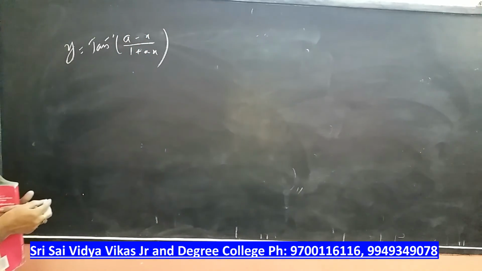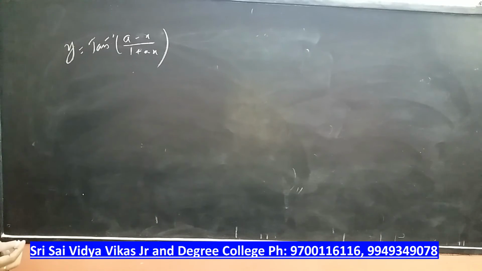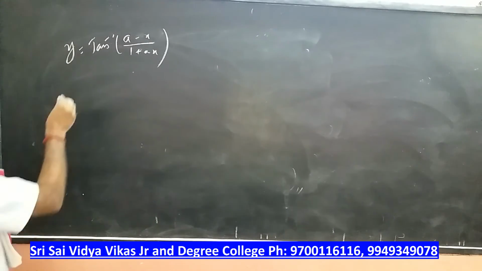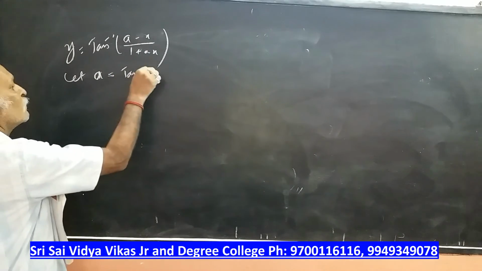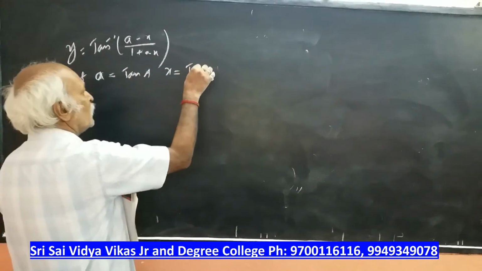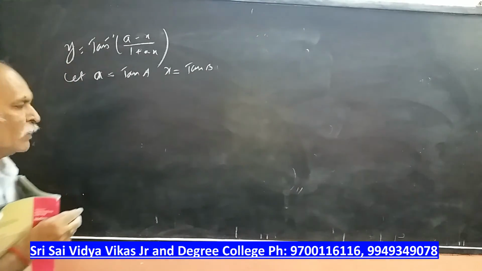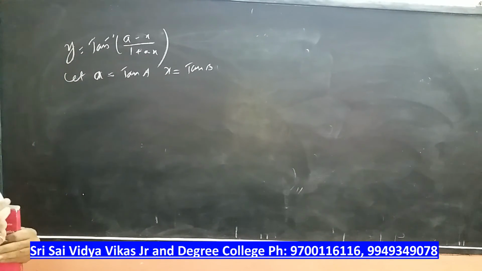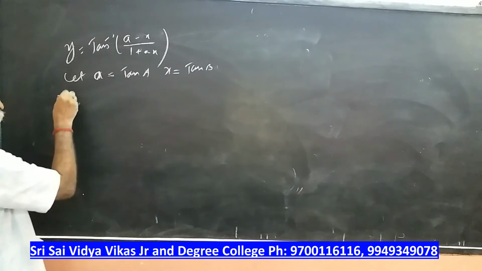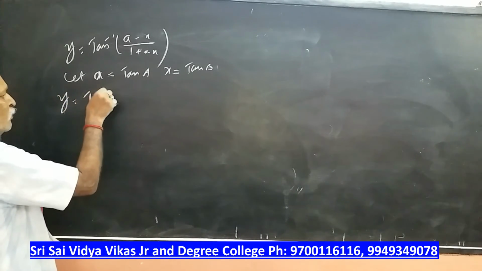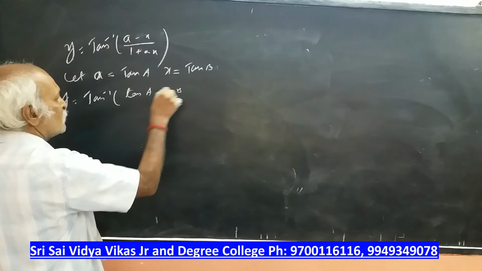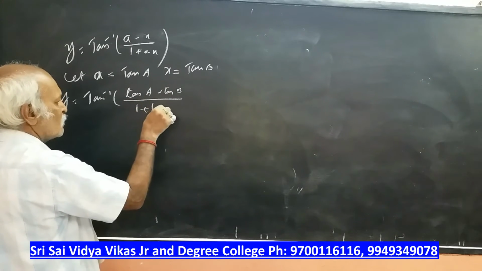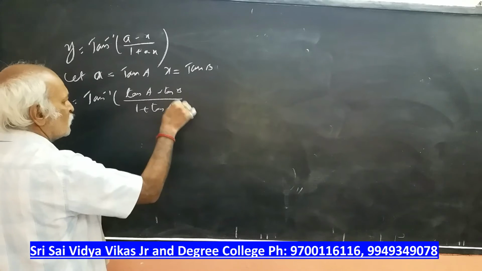Now observe here. y is equal to tan inverse of (a minus x) by (a plus x). Let a be equal to tan A and x be equal to tan B. So this becomes y is equal to tan inverse of (tan A minus tan B) by (1 plus tan A tan B).